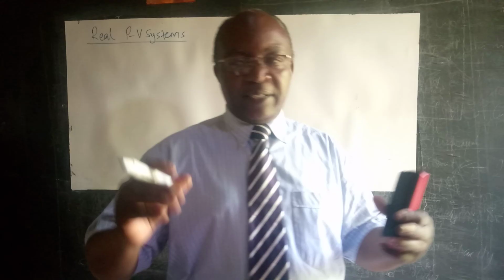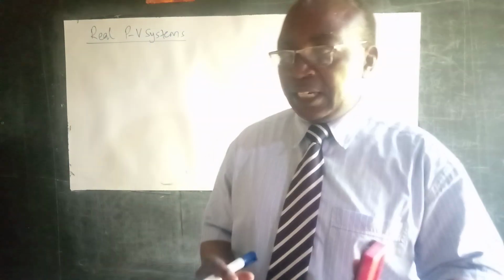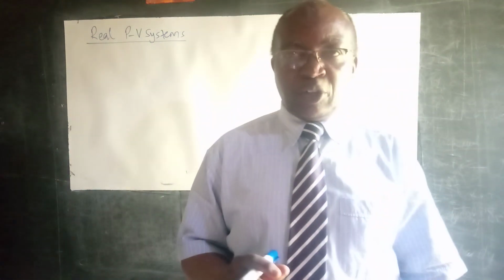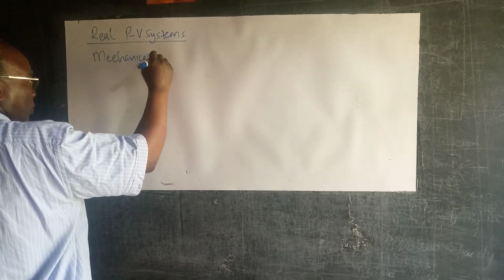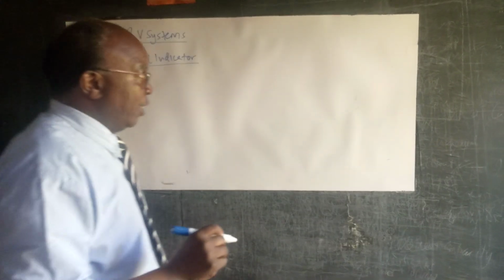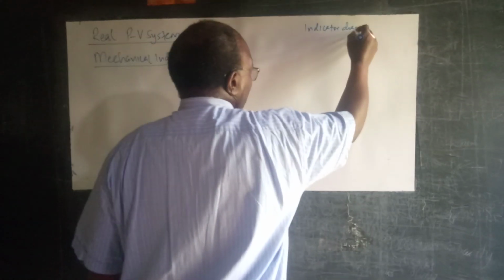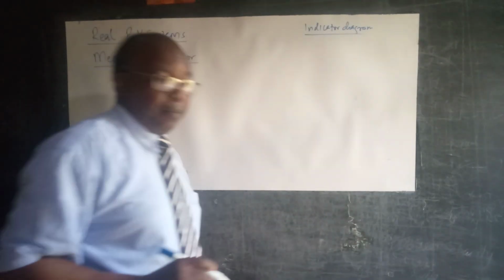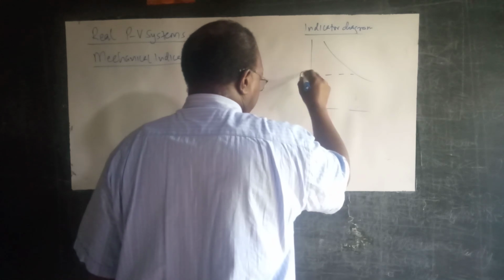There will be a stylus from it which will be making some marks on the chart paper on that rotating drum. Now, what kind of a system are we talking about for this mechanical indicator? Remember, when you're talking of indicator, it comes from the indicator diagrams, which we saw for pressure volume work, for example, that isotherm, for a reversible pressure volume work.